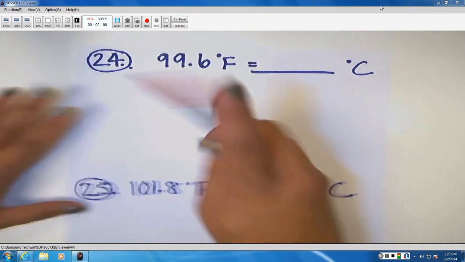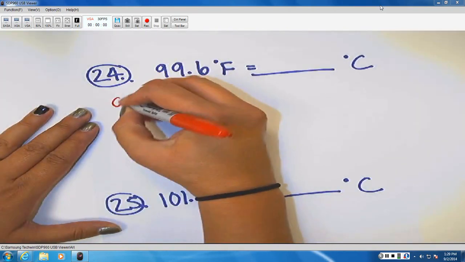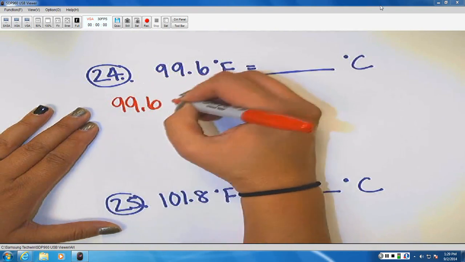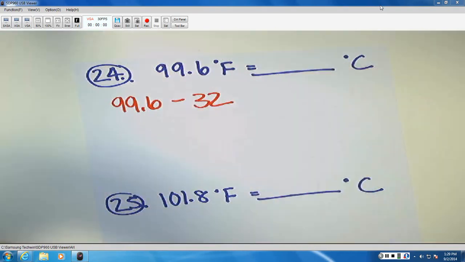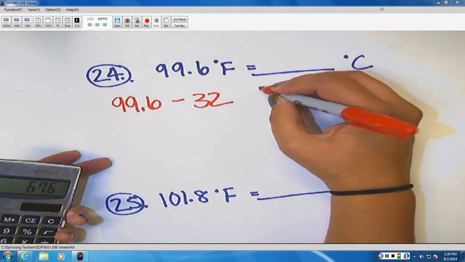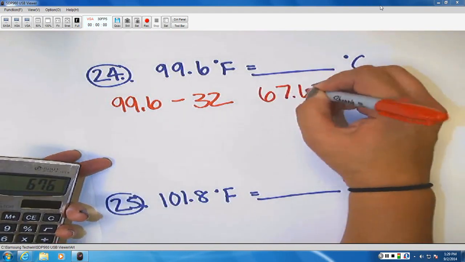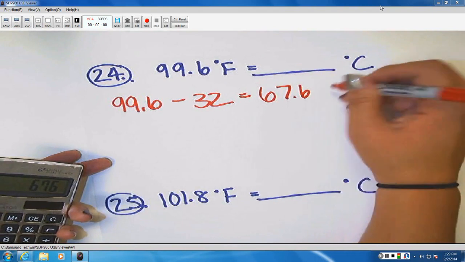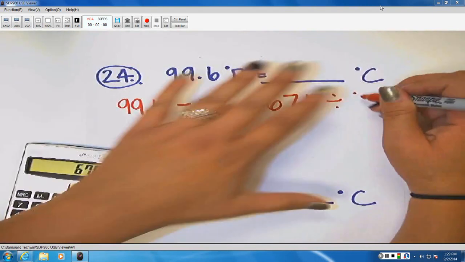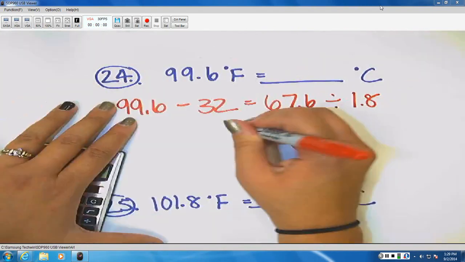So I'm going to take 99.6 minus 32, and that gives me 67.6. And then I'm going to divide that by 1.8.